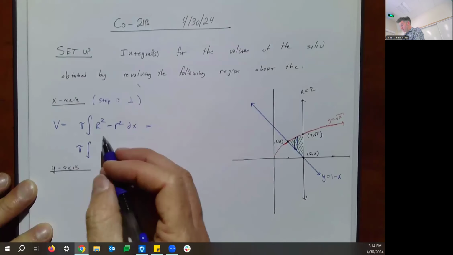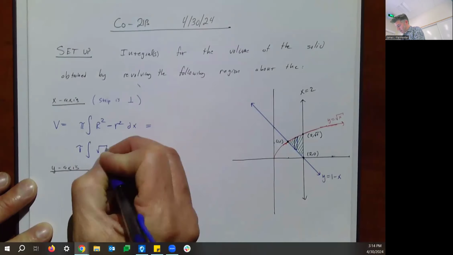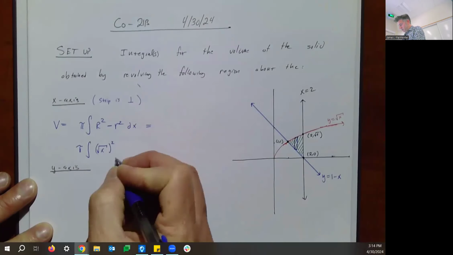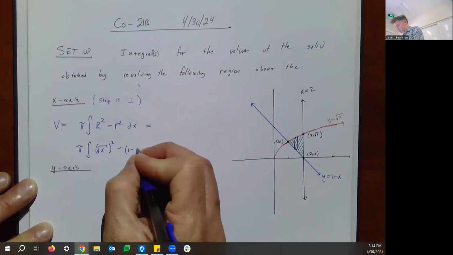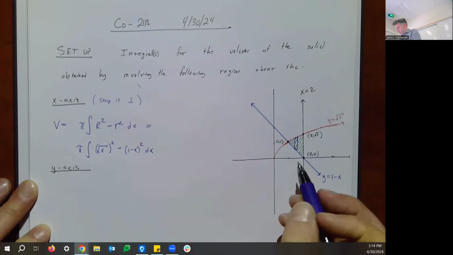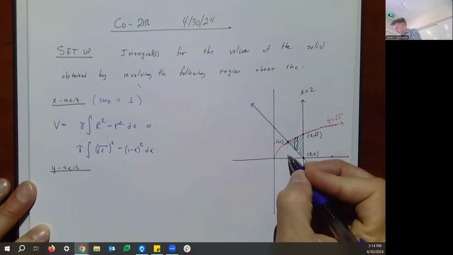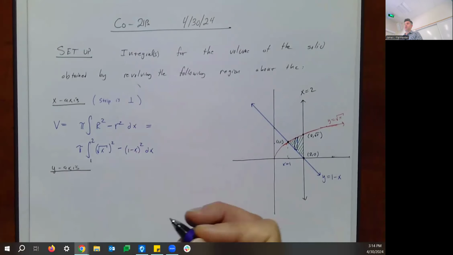The large radius is the function further from the axis of rotation, which is the square root of x, squared. The small radius is the function that's closer, which is 1 minus x, squared. We're going as far left as x equals 1, as far right as x equals 2. And that's the whole setup.